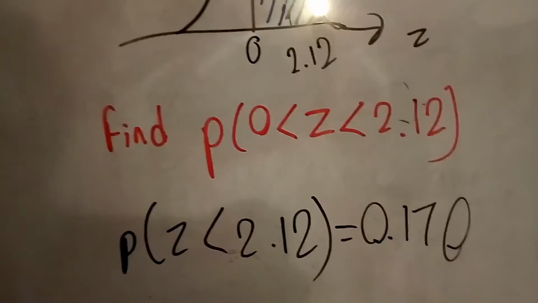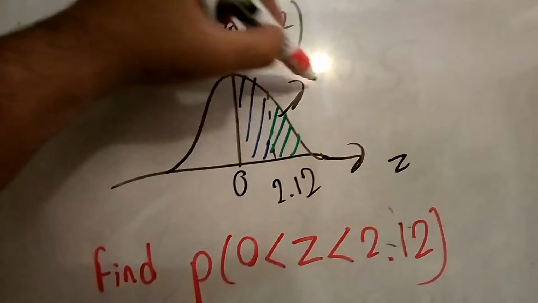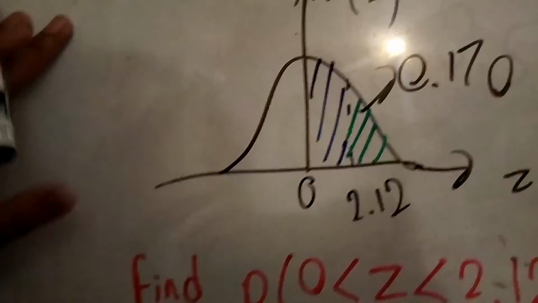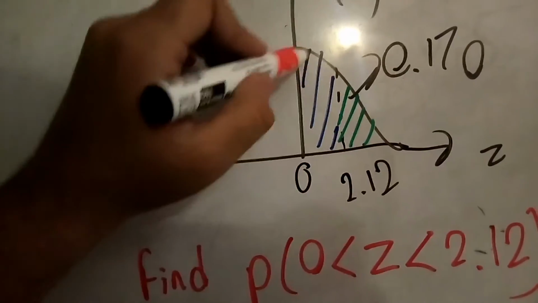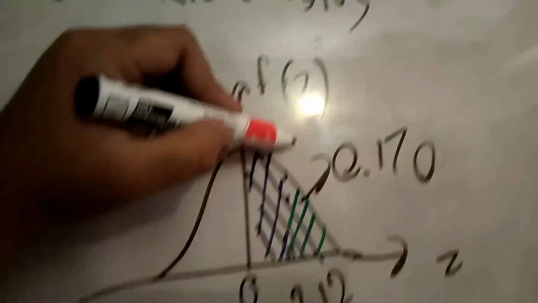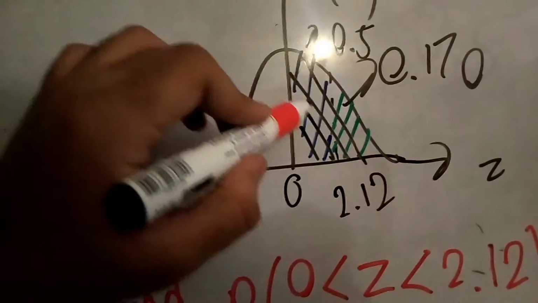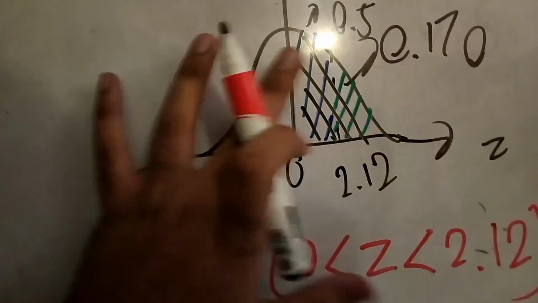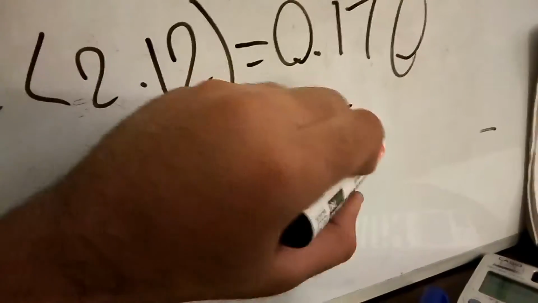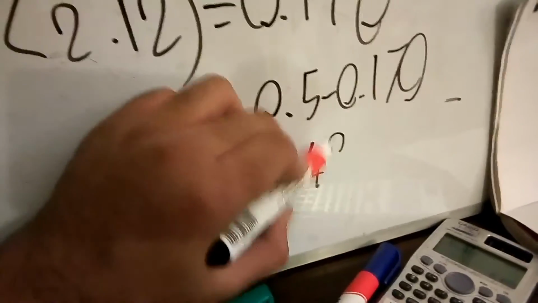So we now know that this area is 0.0170, and since this graph is symmetrical, this entire area is 0.5. So if we want the blue area, don't we just subtract this one from the entire half? So we do 0.5 minus 0.0170, which equals 0.483.